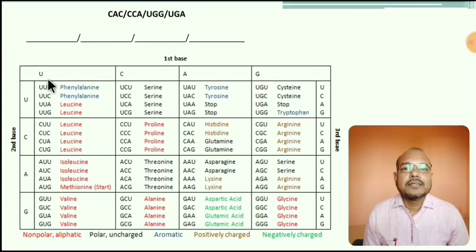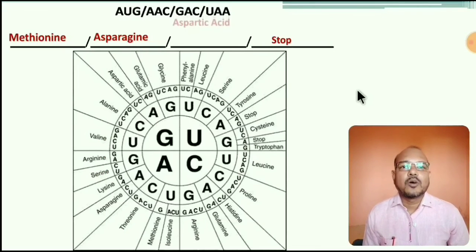So these are the bases U, C, A, G, and a total of 64 codons appear in this chart, of which 3 are stop codons and 1 is the initiating codon.